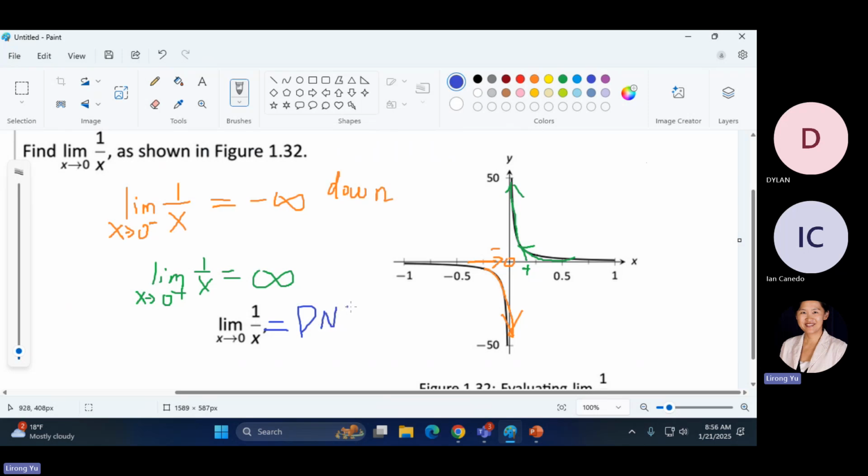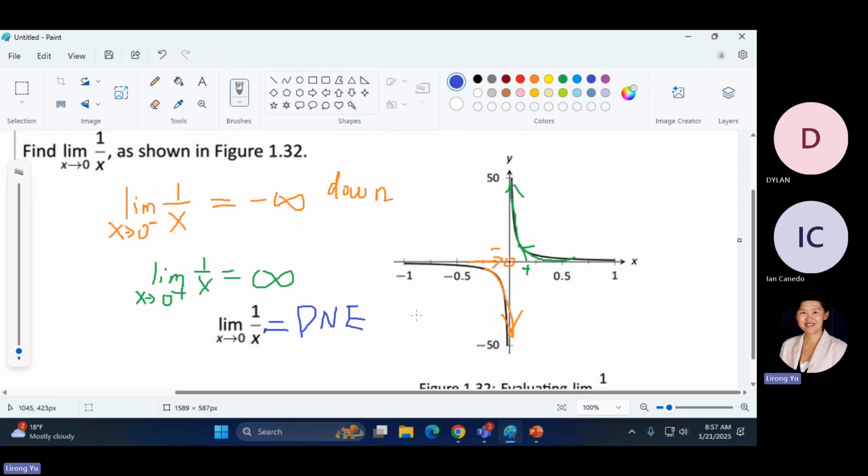I'm trying to use this example to illustrate that people often say when the limit equals infinity, that also does not exist, because we don't see a finite answer for the limit. But a limit equal to infinity is slightly different from DNE, and you can see the differences here. For the two-sided limit, you can only say it's DNE because it's not infinity and it's not negative infinity.